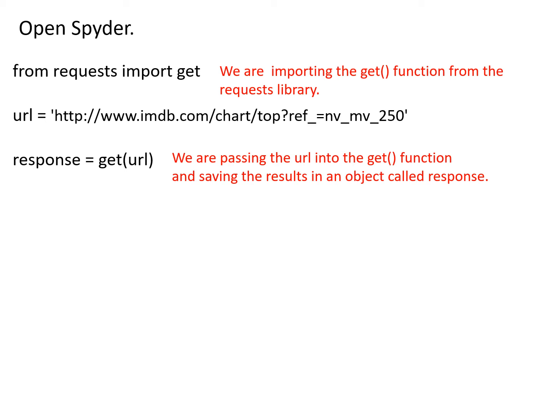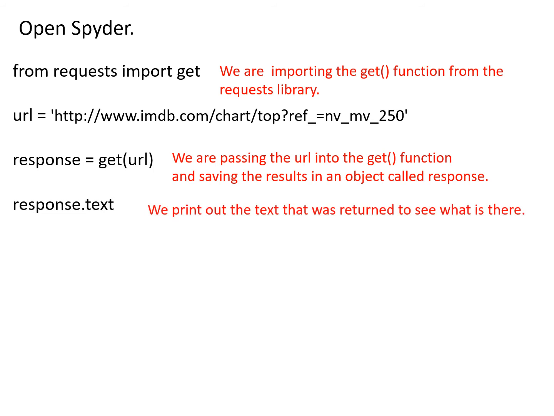So you can call that anything you want. We'll just say we want to call it response, so we say response equals and then get that URL. So that's going to pass that URL into the get function, and then whatever HTML is there at that URL gets saved into an object called response.